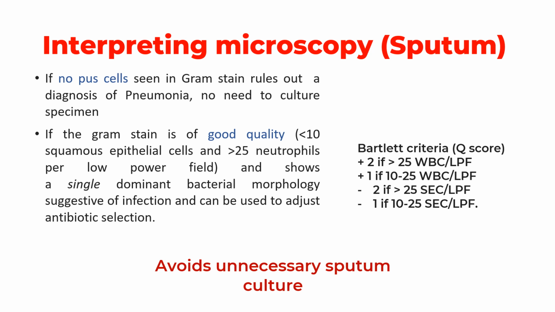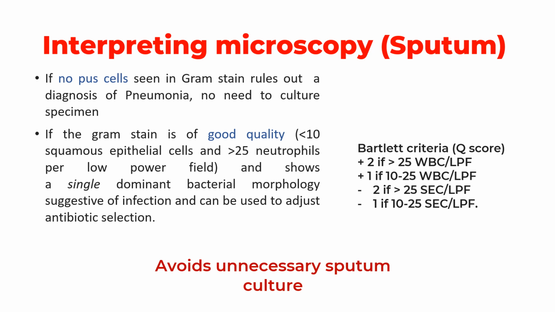It is -2 if the epithelial cells are more than 25 per field, or -1 if it is between 10 to 25 per field. So, to simplify, a sputum sample is significant only if the WBCs are more than 25 per field, or if the epithelial cells are less than 10 per field.